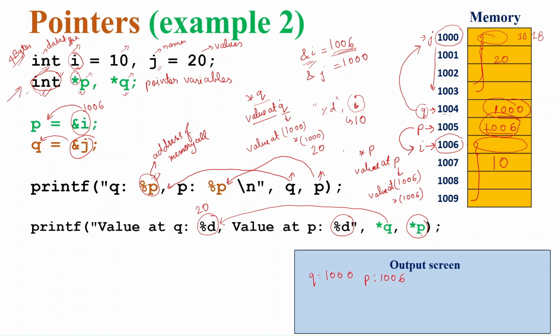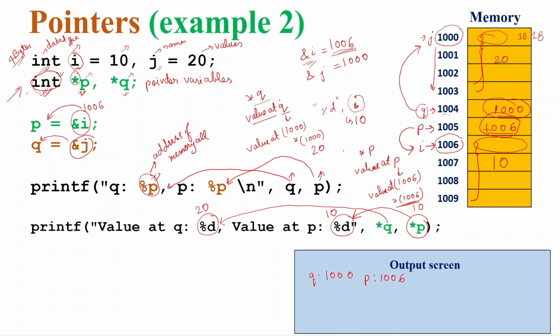And the same way we go to the data type of P. What is the data type of pointer variable P? Integer. So we come to know that this pointer variable is storing the address of integer data type, which occupies 4 bytes of memory space. So this star 1006 is going to return the value 10, and this 10 is assigned to this %d.